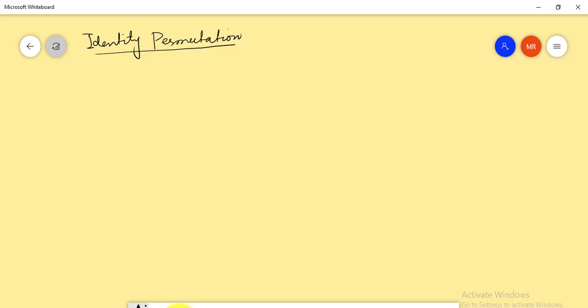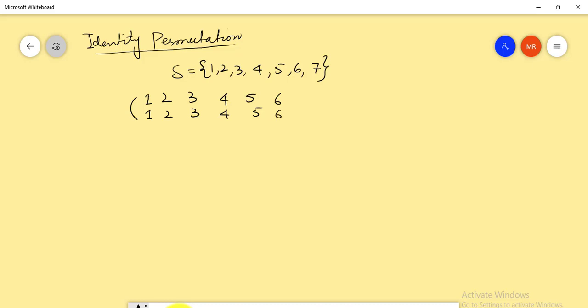For example, if I have a set S with 7 elements, then a permutation that fixes every element of this set is called the identity permutation, and it is usually denoted by E. In cycle form, we can represent this as 1 is fixed, 2 is fixed, 3, 4, 5, 6, 7.